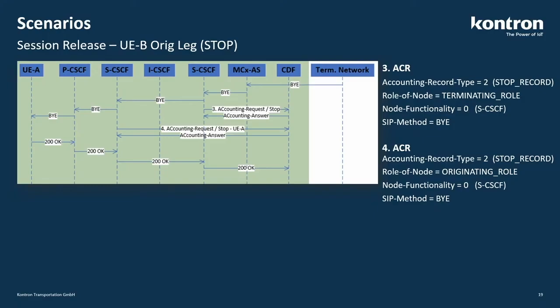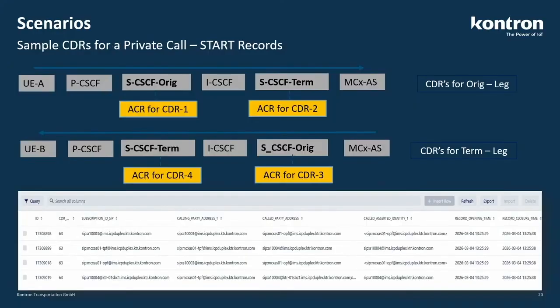And this is when one of the users, in this case user equipment B, disconnects the session, and again you will see two records, two ACRs, because you have one for the terminating CSCF and one for the originating CSCF. This is again in a different format.